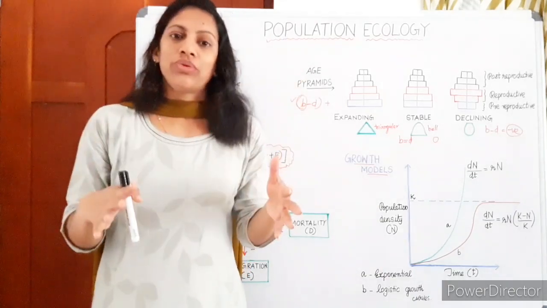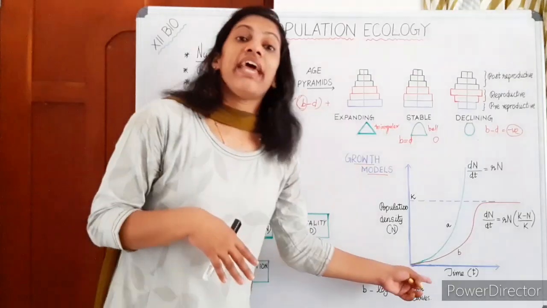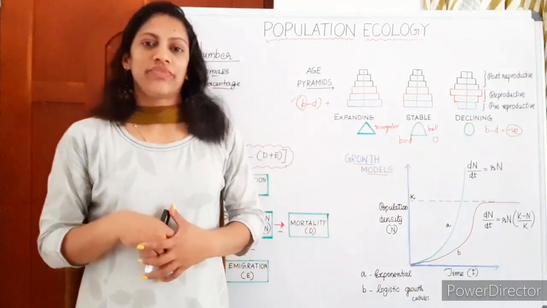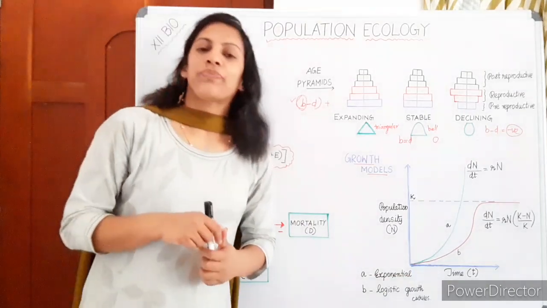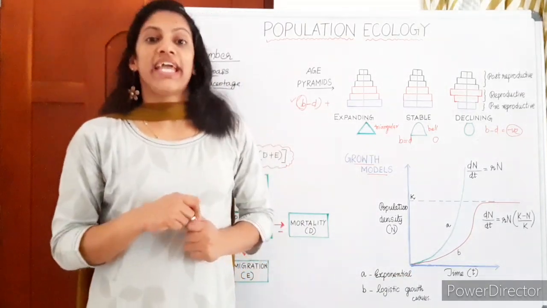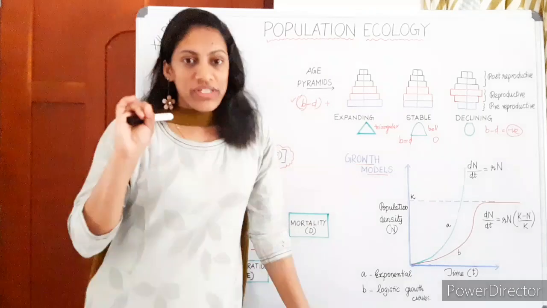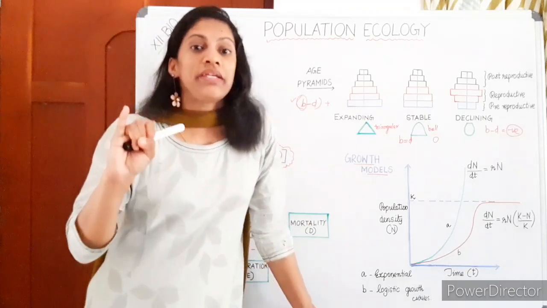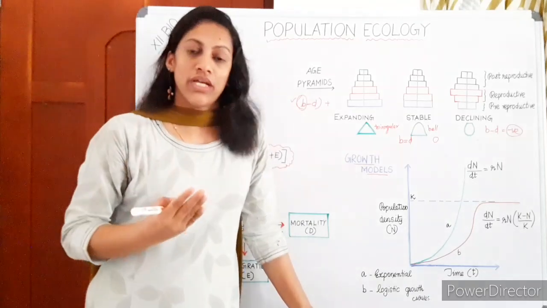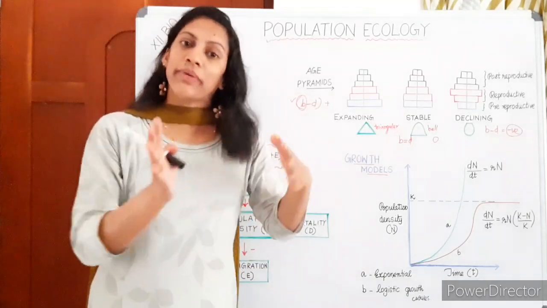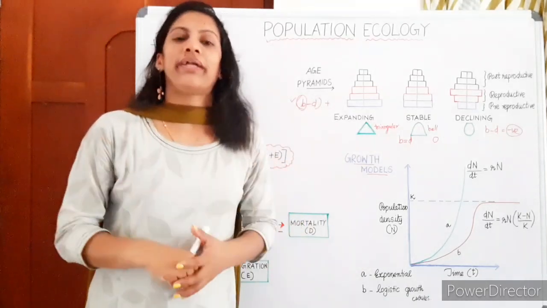Such a growth we can call exponential growth. It gives a J-shaped curve. First condition: there is an unlimited supply of resources. Resources are in plenty, so whatever the number, it can be accommodated and can again grow and multiply.